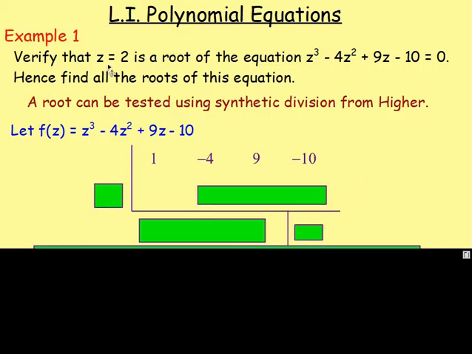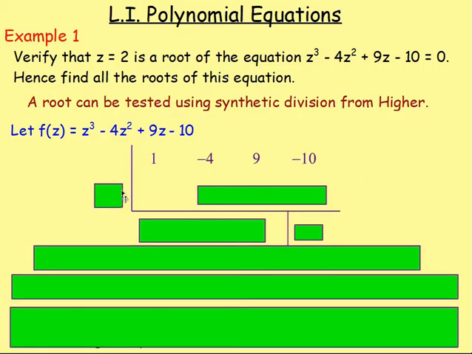So that's us writing the coefficients. We want to verify that z equals 2 is a root, so just to the left-hand side of the table, we will have 2. We then want to work our way along using synthetic division from Higher. Maria, how well do you remember it? Very well. Then let's go. So you're wanting to bring this 1 down. 1 times 2, 2.